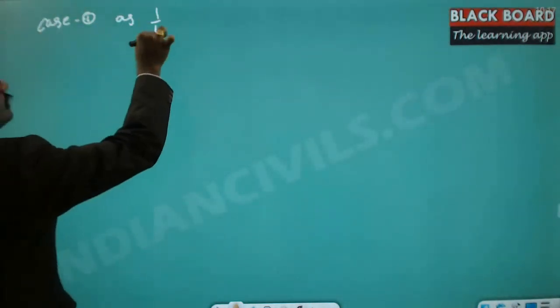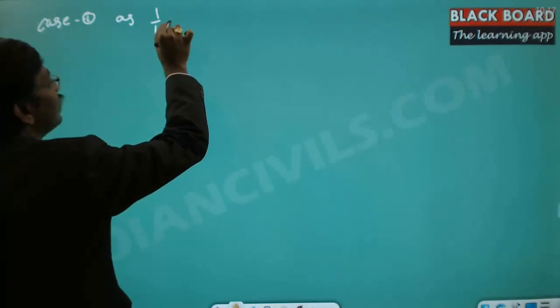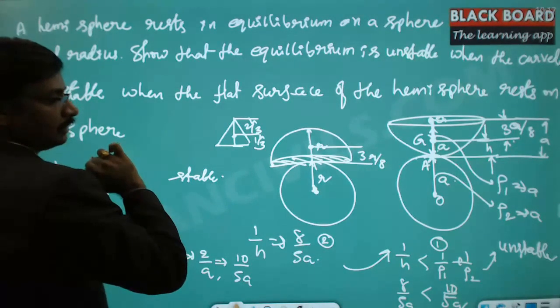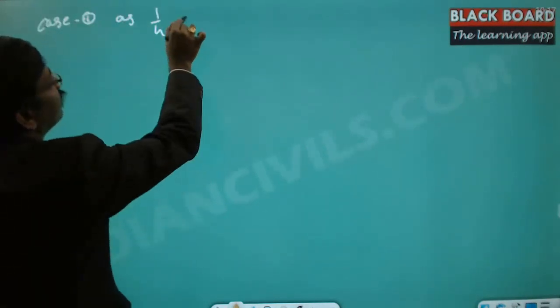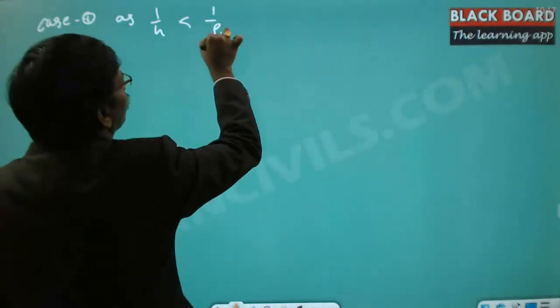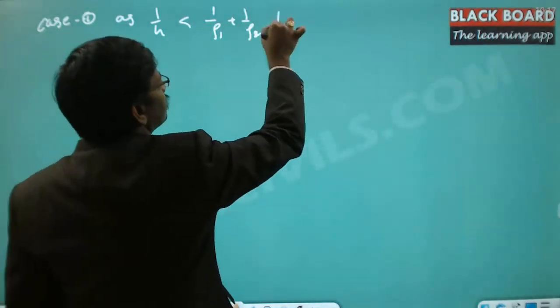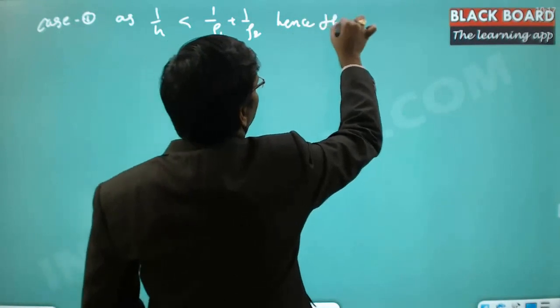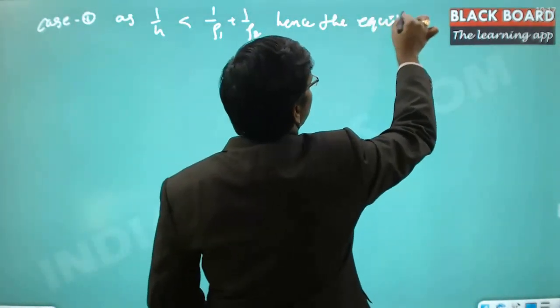Case 1, yes, 1 by h is less than 1 by rho 1 plus 1 by rho 2. Hence, the equilibrium is unstable.